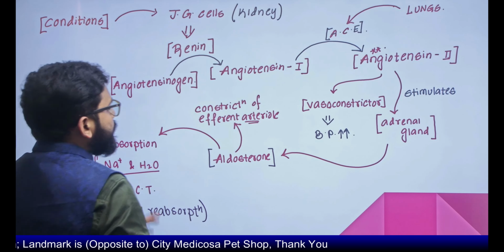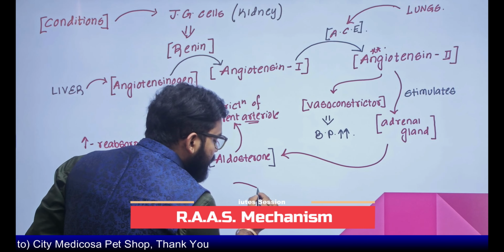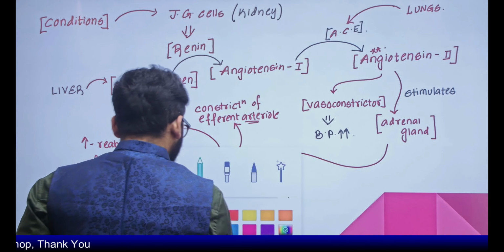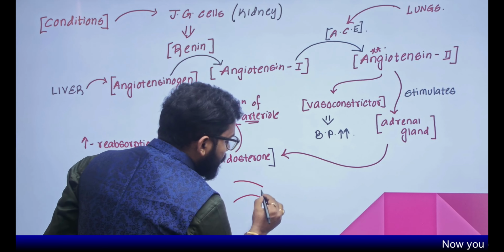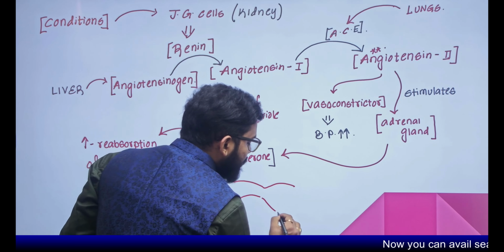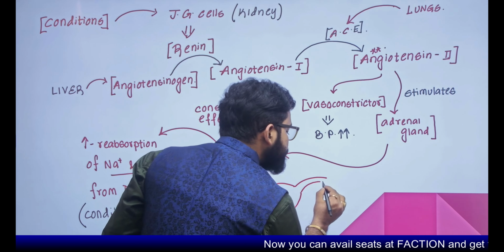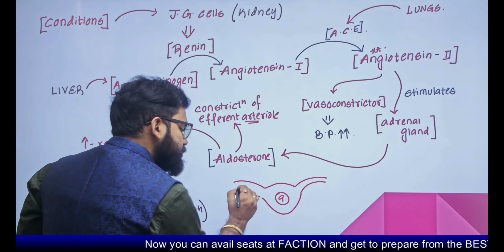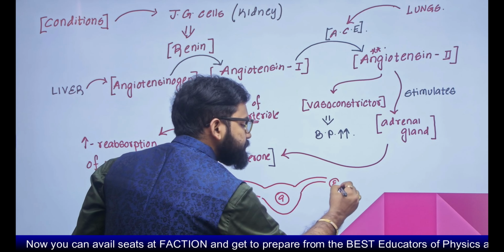Now see, what happens if efferent arteriole constricts? Say this is the efferent arteriole. This is glomerulus and this is the efferent arteriole. This part is the glomerulus, that is capillary. This one is the afferent part and this one is the efferent part.